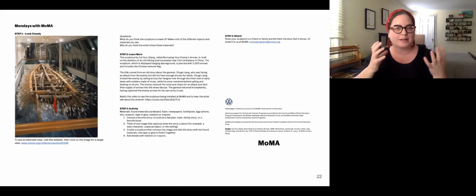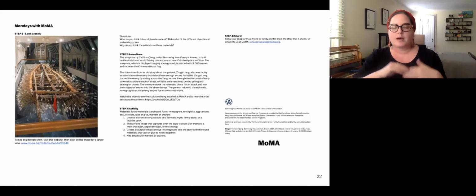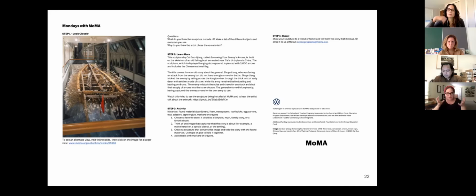And the structure of the lesson that we came up with was, step one, look closely, and that included a couple of key questions, usually 3 to 4, something manageable, bite-sized, that doesn't require a lot of prep work. Somebody can just pick it up and do it.